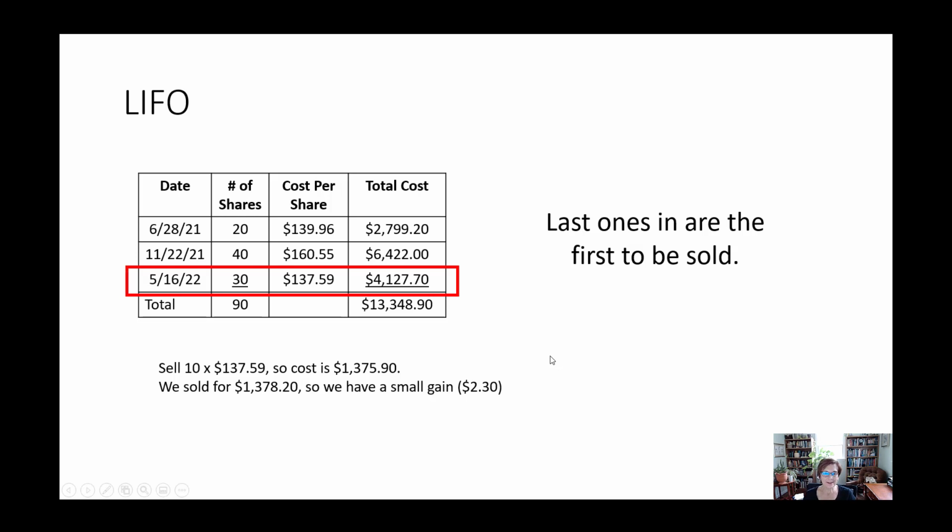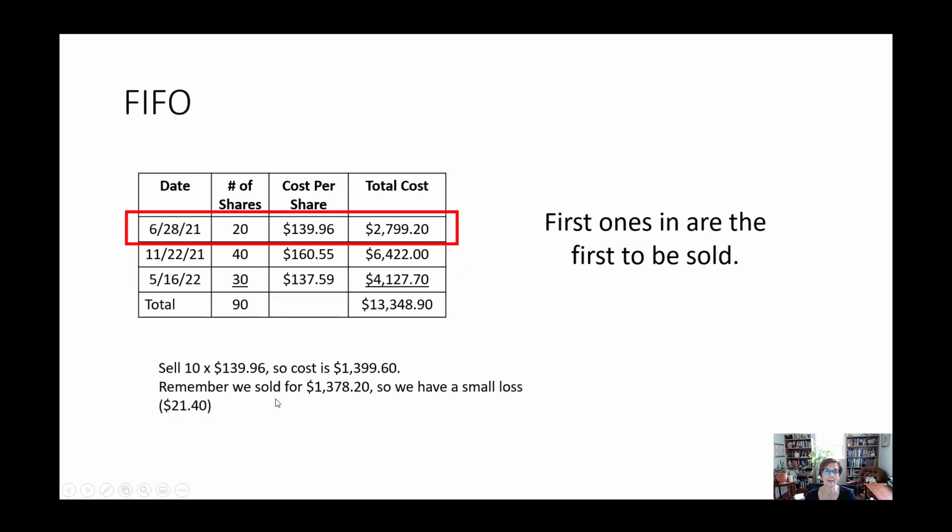Now notice, this is the thing that you have to remember about accounting. A lot of people think accounting is black and white and everything is written in stone. Notice that two different companies can choose different cost flow assumptions, and even though exactly the same thing happened, the numbers are different, right? In this case, the company has FIFO. They have a little bit of a loss.